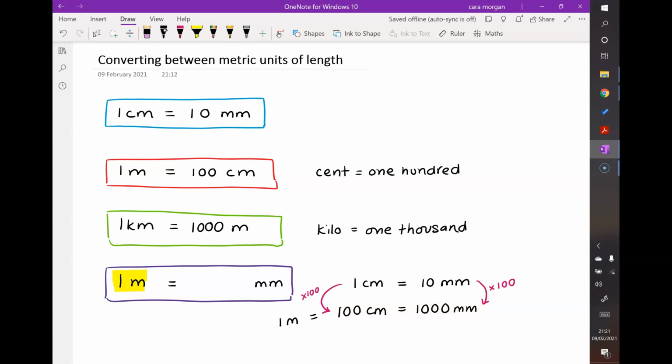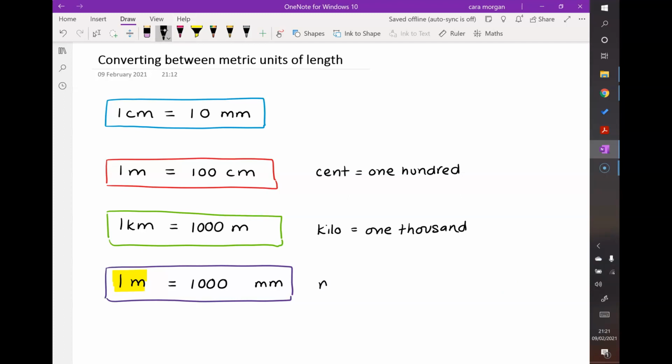So if you would like to remember that in 1 metre there are 1,000 millimetres, that would be a really great fact to remember. I'm going to rub out my working out here because I'm going to write a word that I learnt when I did French, mille. Mille in French is also 1,000.